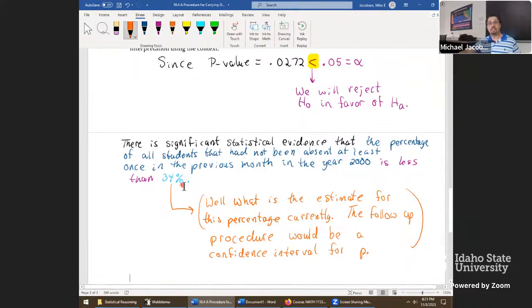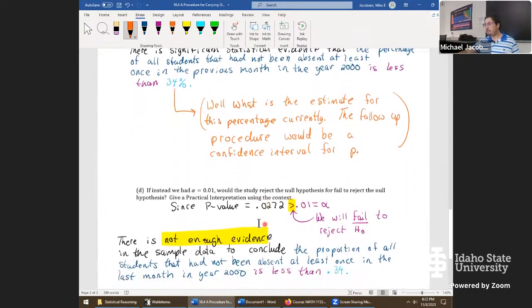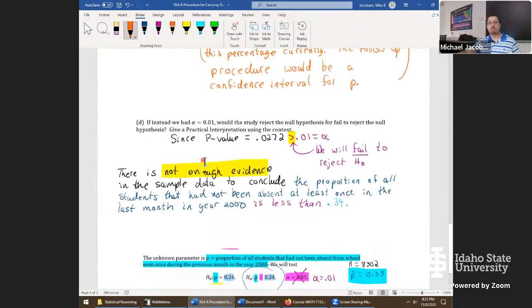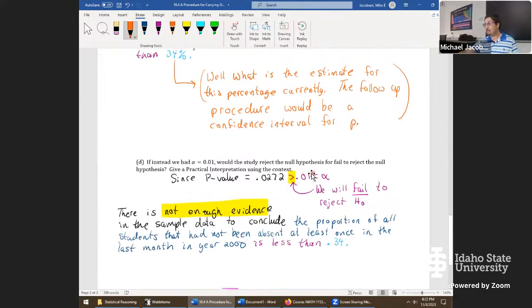So if it's less than 34%, we want to know by how much and see what the full confidence interval estimate would even be. Even if we failed to reject the null hypothesis, it still might have been a good idea to do a confidence interval anyway, to just see what the plausible values for that proportion would have been.